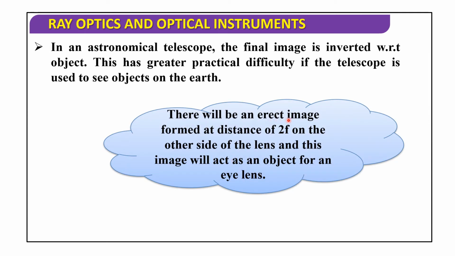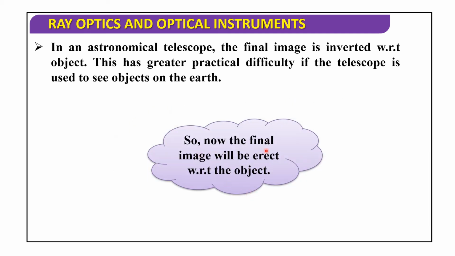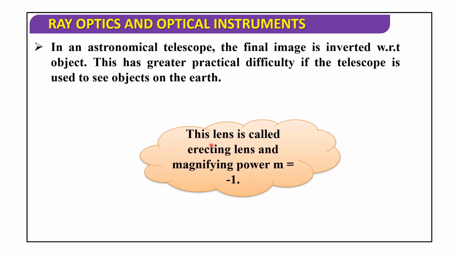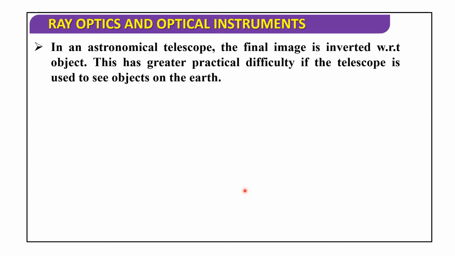An erect image is formed at distance 2f on the other side of the lens, and this image will act as an object for the eye lens. So now the final image will be erect with respect to the object. This lens is called the erecting lens, and magnifying power m is equal to minus 1. So the magnifying power of the terrestrial telescope is minus 1.